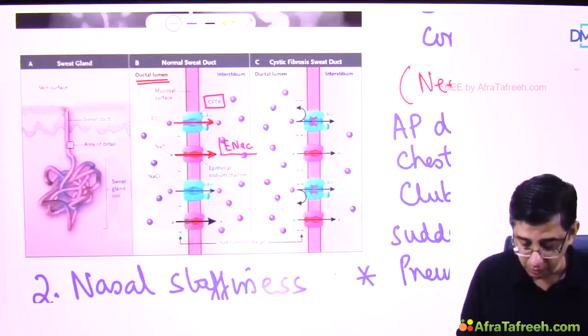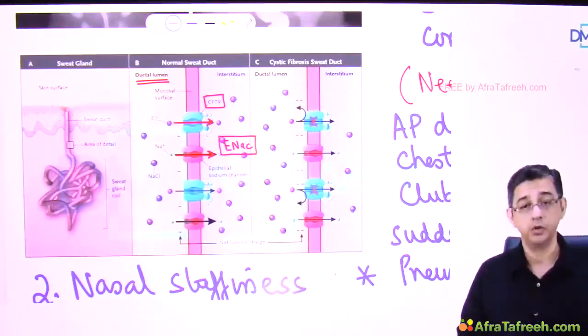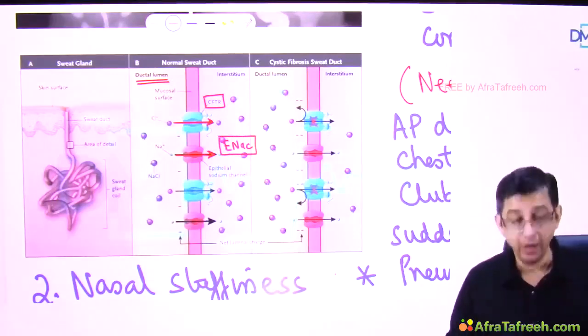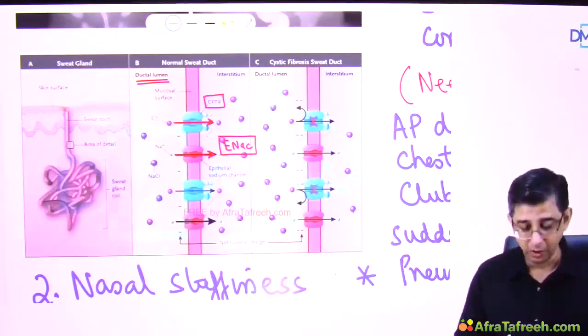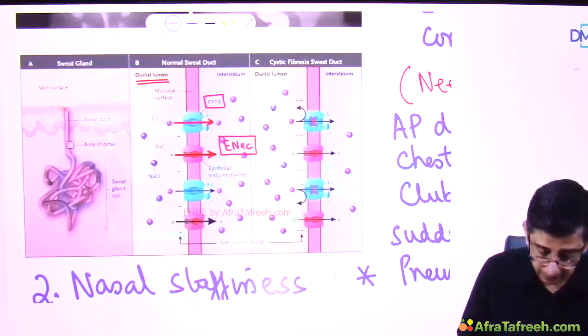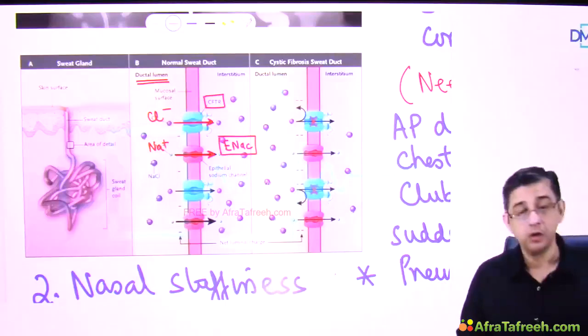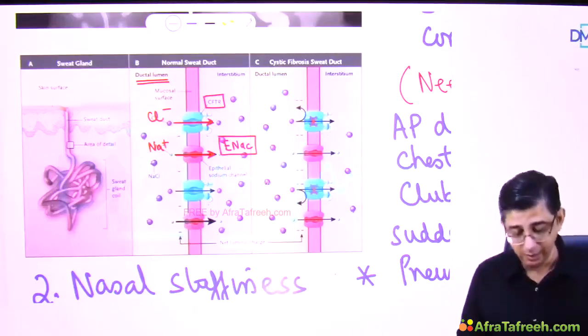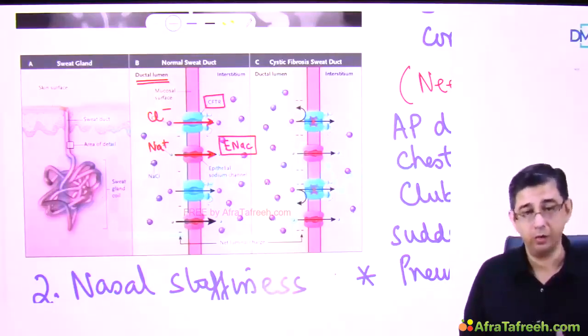Remember, I've taught you epithelial sodium channel even in the kidney. So CFTR and the ENaC are present in the sweat glands also, and they actively take back the chloride and the sodium, so that our sweat contains a very limited amount of sodium chloride and water.